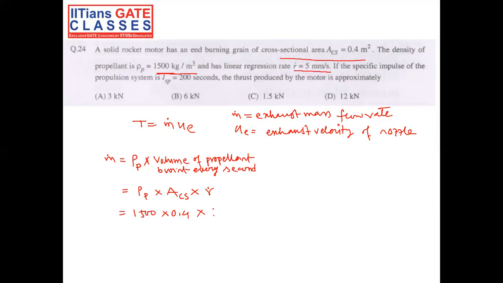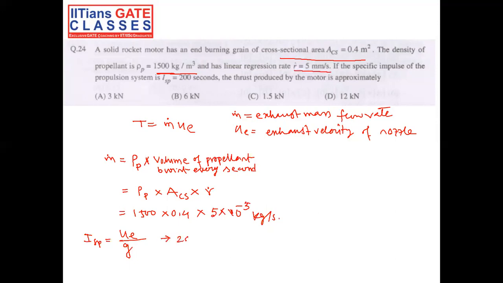So in SI, it will be 5 into 10 to the power minus 3 meter per second, right? So this is kg per second. This is the mass flow rate which is being burnt every second. And UE, the specific impulse, can be given as UE divided by g.